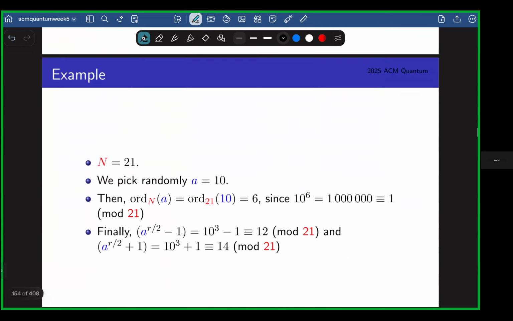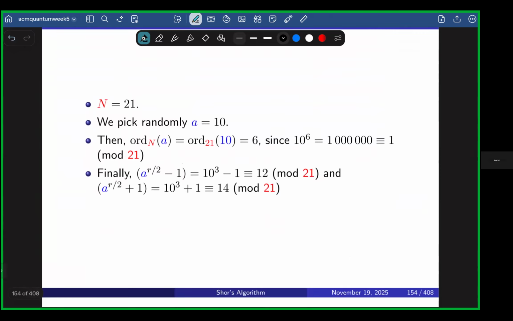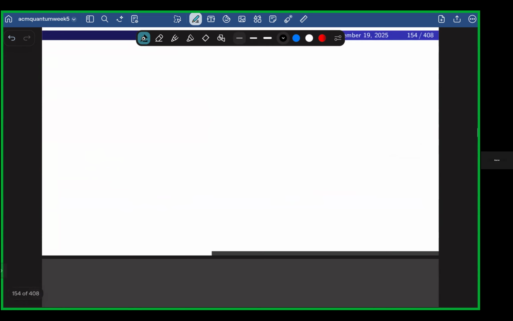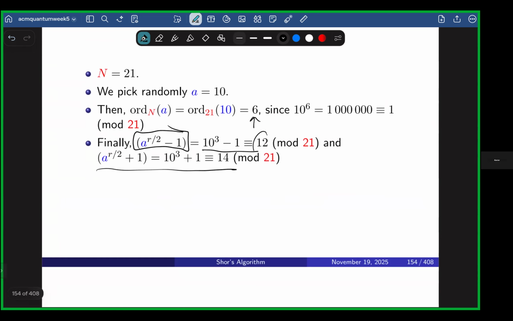And r is even as well. Then we compute this factor, 10 to the r over 2, which is 10 cubed minus 1, which is 12 mod 21. And this other one is 14. This is greater than 1, so the factor ends up being the GCD of 12 and 21, which is 3.